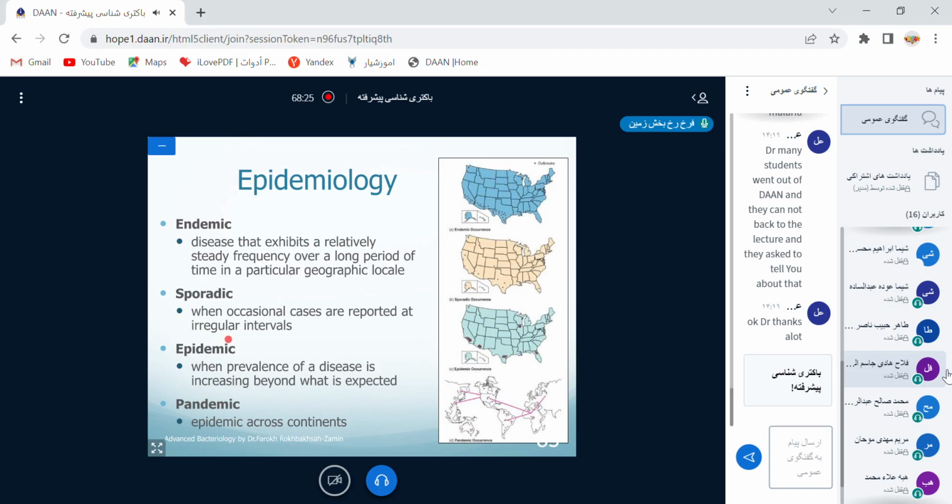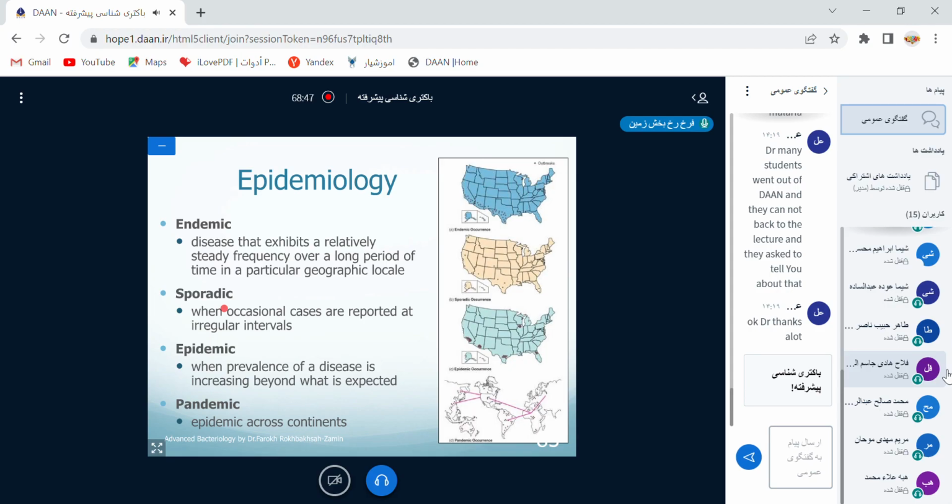Sporadic, when occasional cases are reported at irregular intervals. So, for example, some infections are present in one place, then it is not there. After some time, it appears in another place.